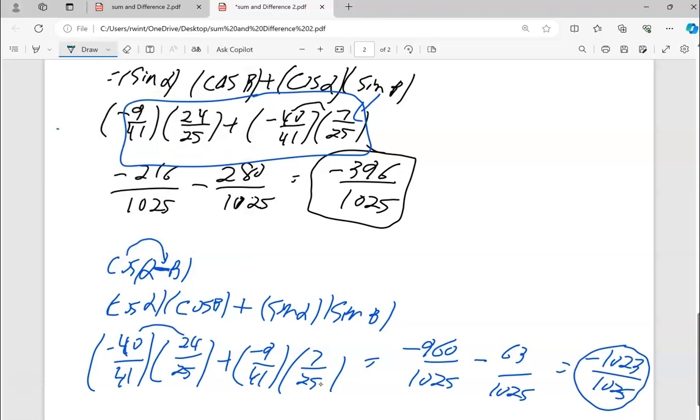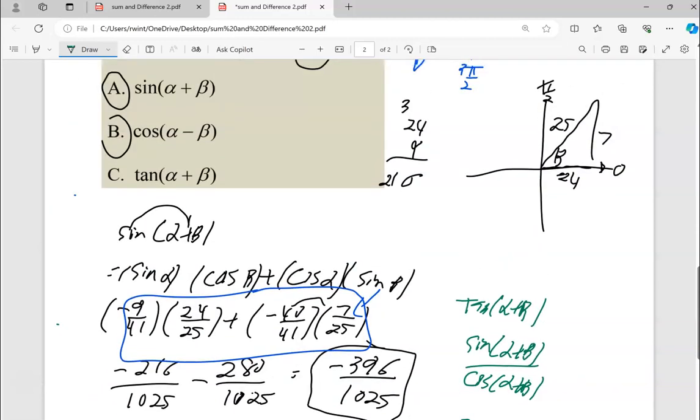I'm doing tan A plus B. I can do the identity, tan A plus tan B over 1 minus tan A tan B. I'm not going to do that. I'm going to treat it as sine over cosine, because I've already found both of them.